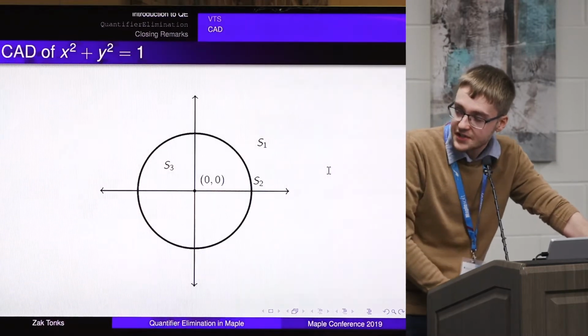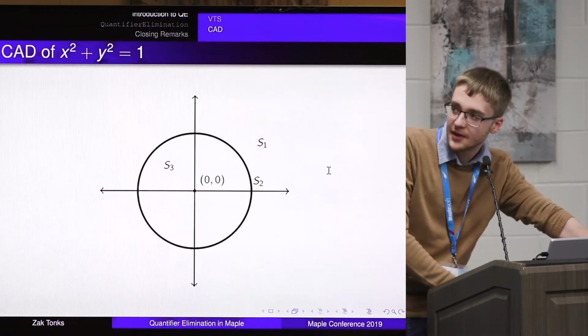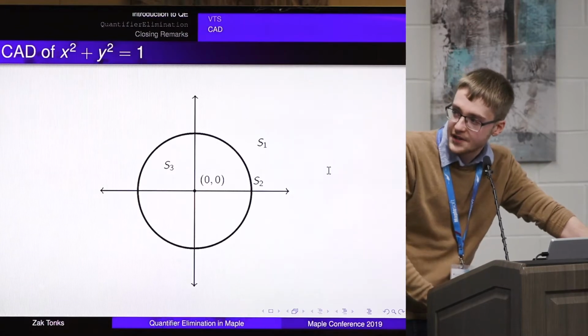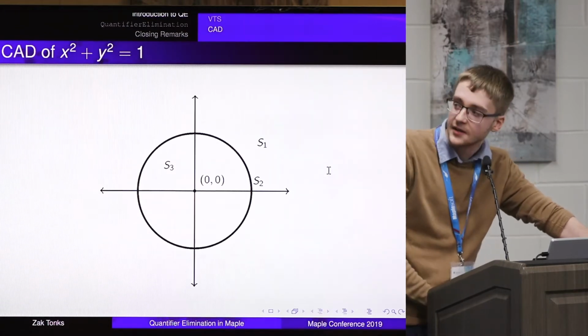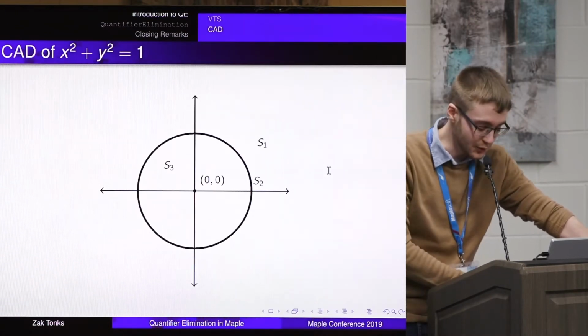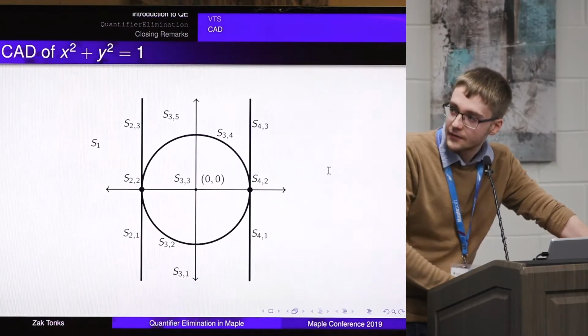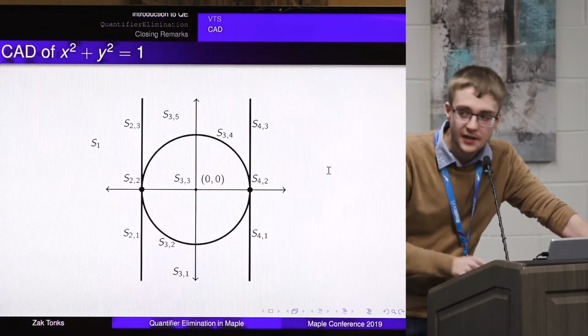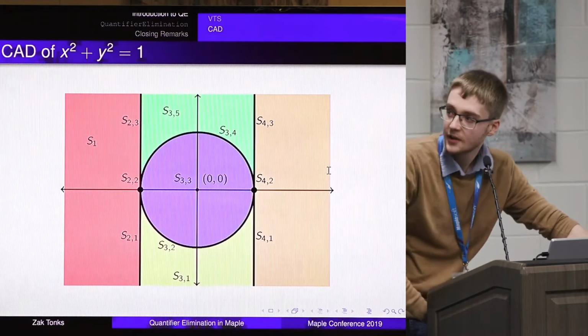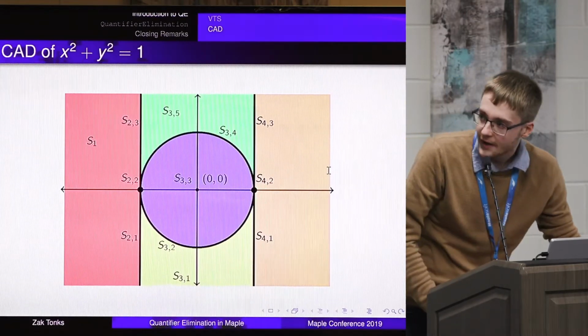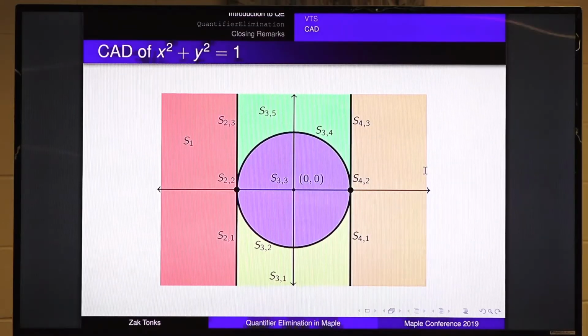So this isn't actually CAD, this is an AD, algebraic decomposition. S1 is everything outside the circle, S3 inside, S2 the circle itself. Those all have different signs. Here I draw some lines, and now it's a CAD. There are some colors. Now, if I take any two cells, say this cell here and this cell here, and project downwards onto the x-axis, I get something completely disjoint.